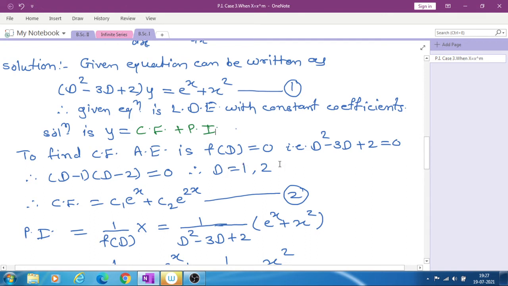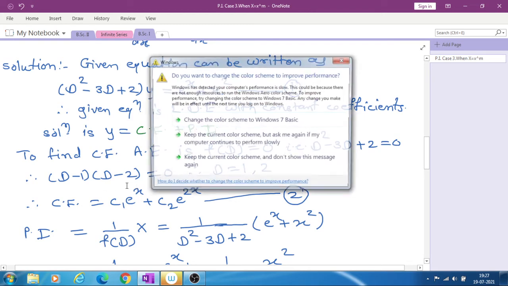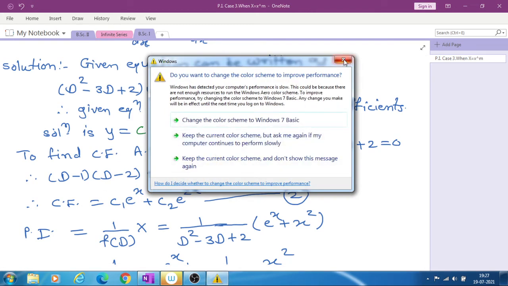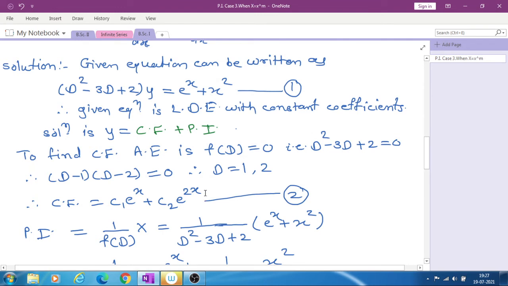The auxiliary equation is F(D) is equal to 0. So here F(D) is d square minus 3d plus 2, equal to 0. So we have to find the values of d. You know the factors: d minus 1 and d minus 2 is equal to 0.